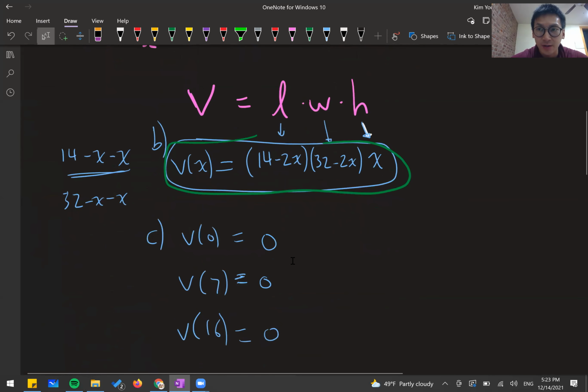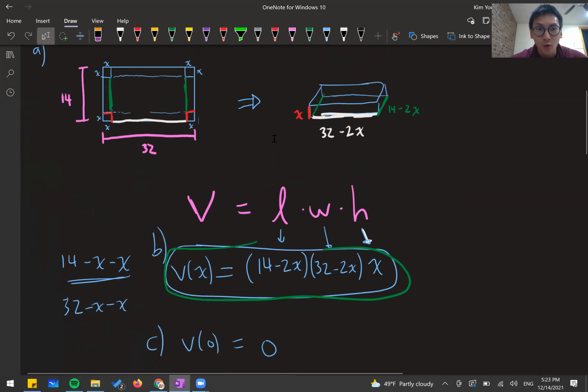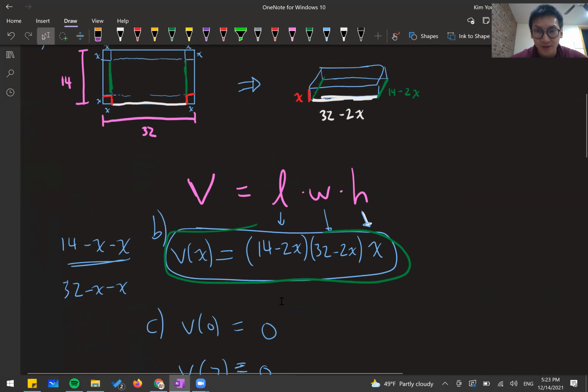Well, you should think about it a little on your own, but let me give you the first one. This is saying that when you cut a corner square with side length 0, the volume of this supposed box, it's misleading in my picture, but the volume of this box is going to be 0. And that makes sense, because think about it.